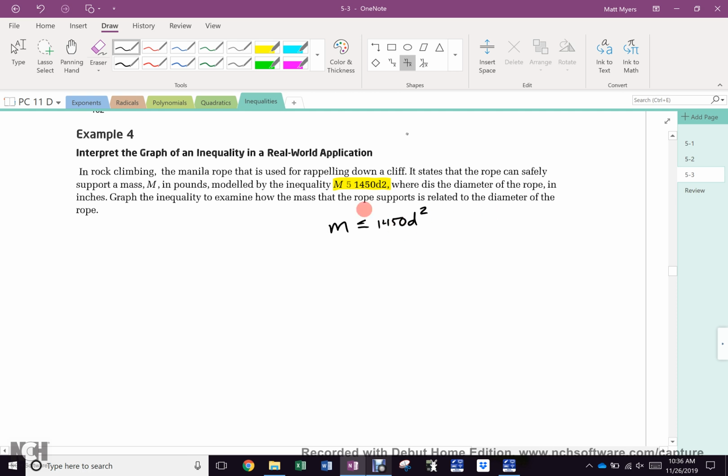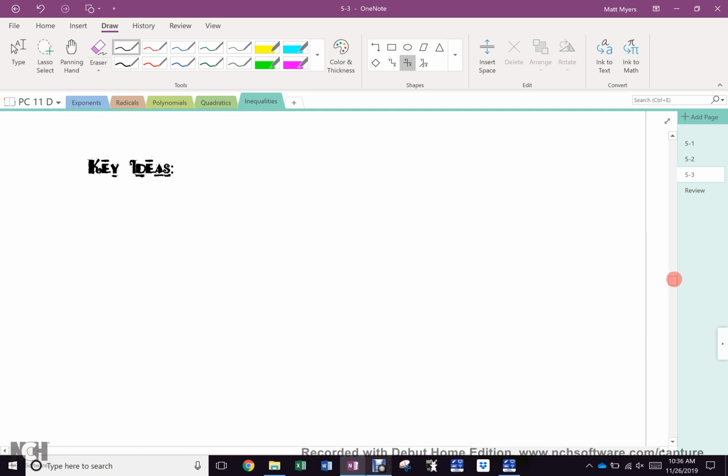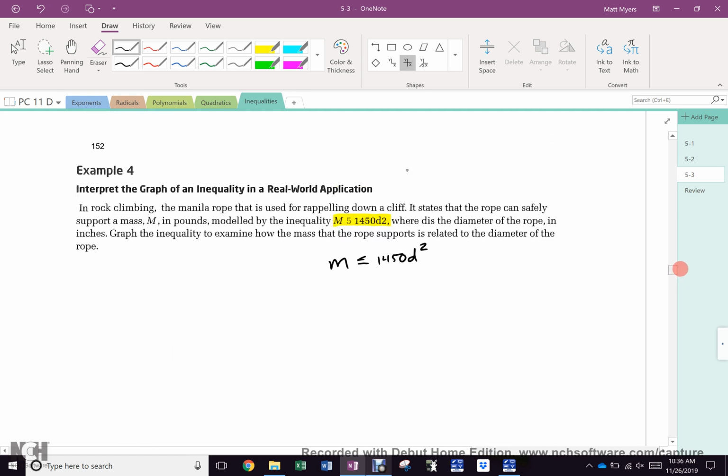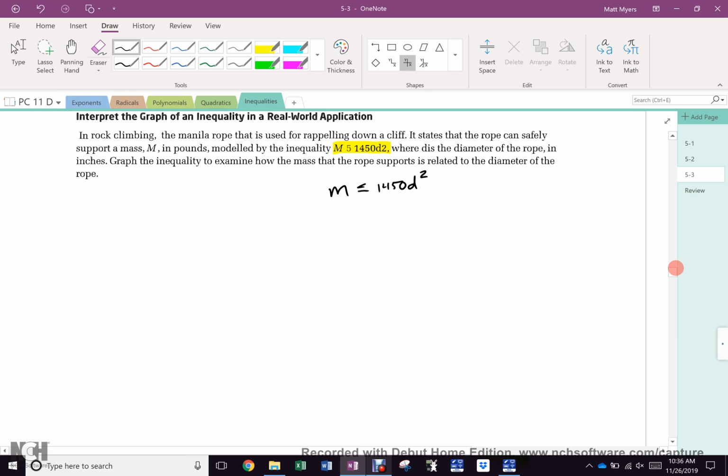I want you to tell me how I can relate that mass to the rope. If I was going to do a graph, is that particularly easy to graph? If there's no mass, then what diameter of rope do I need? Nothing. 0, 0, right?